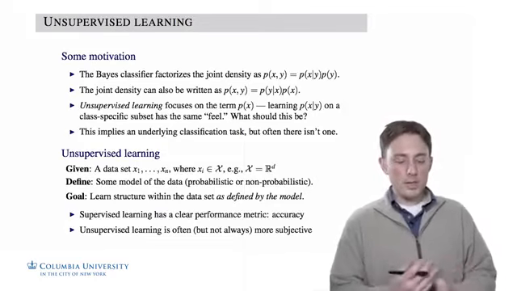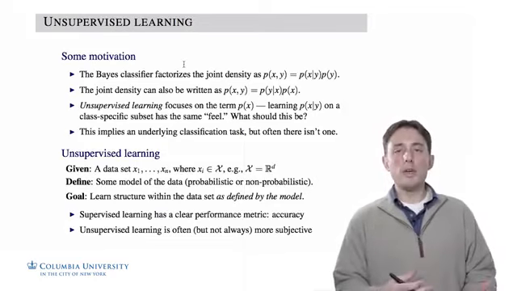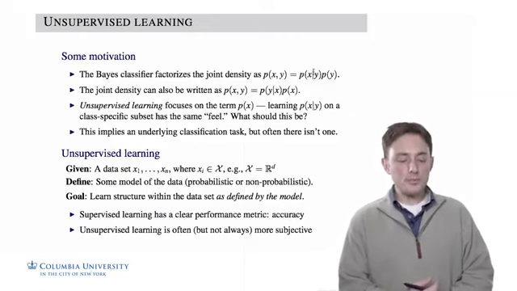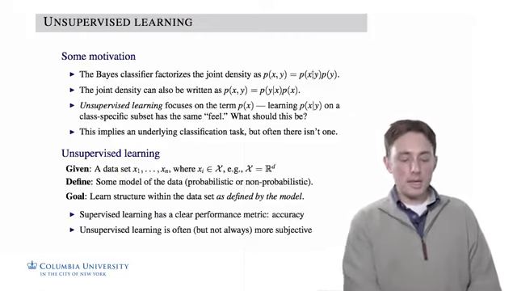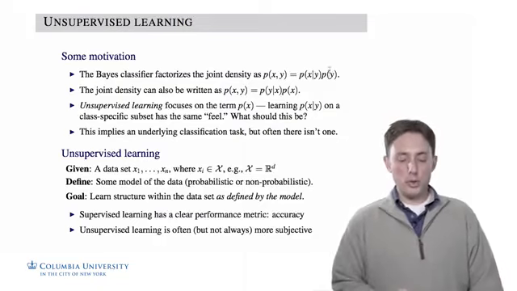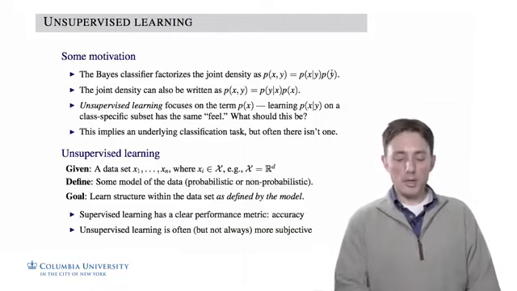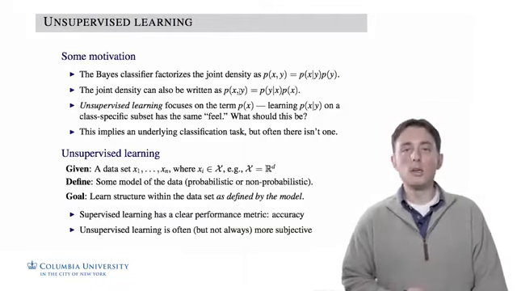So I mentioned this to give some motivation, some context for what unsupervised learning is trying to do. We see that the Bayes classifier factorizes this joint likelihood into the conditional probability of x given y times a probability on y.